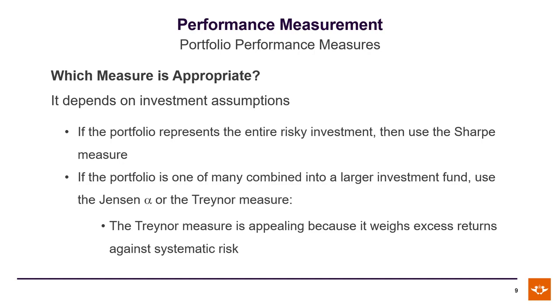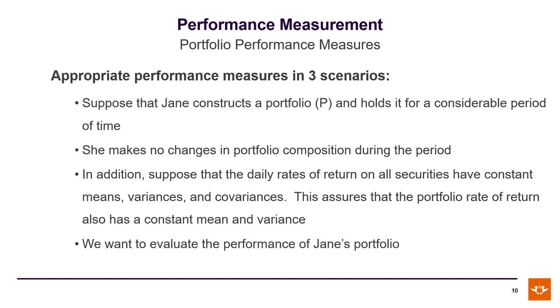If the portfolio is one of many combined into a larger investment fund, then either Jensen's alpha or the Treynor measure becomes appropriate. And the Treynor measure is appealing because it weighs excess returns against systematic risk. So when you're looking at a portfolio in which you can diversify away risk, then the Treynor measure is more appealing. So now we're going to look at which performance measure is appropriate in 3 scenarios.